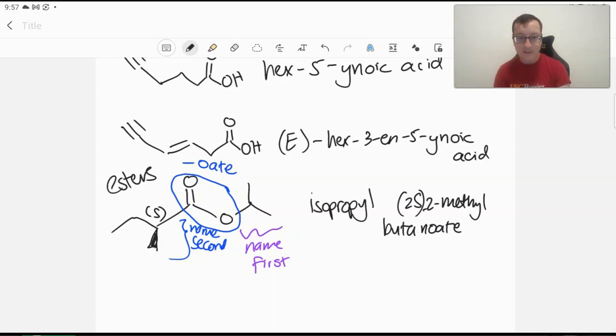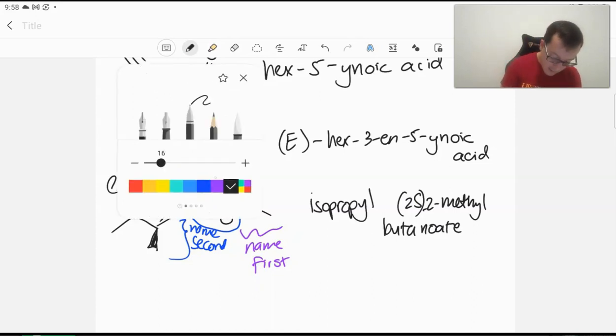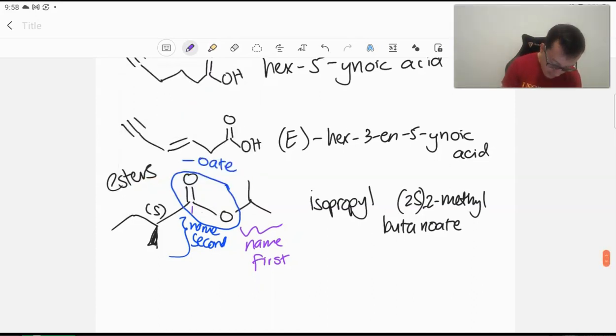So isopropyl is the oxygen side of our ester. On the other side of our ester, we have an S stereocenter at carbon 2. Carbon 1 is the carbonyl carbon itself. 1, 2, 3, 4. So that's why it's butanoate. And then we have on carbon 2 an S configured methyl group.